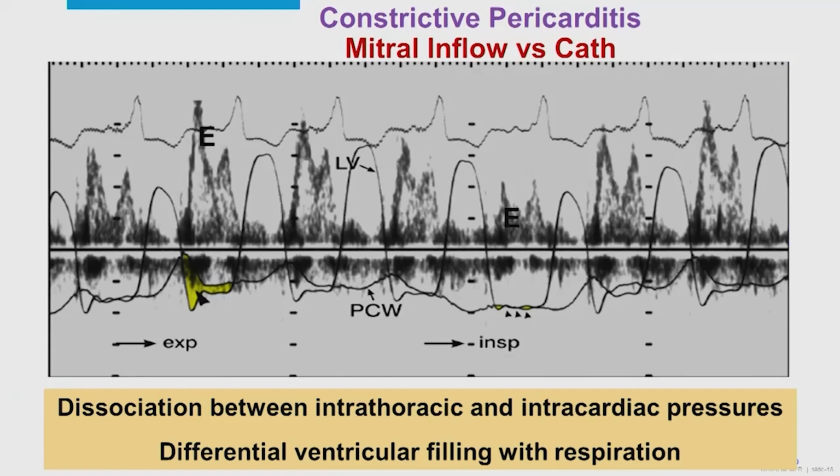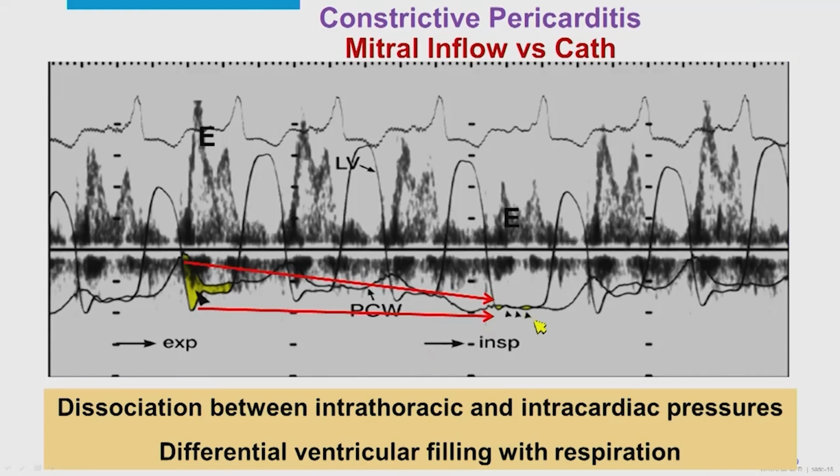So with inspiration, again, intrathoracic pressure falls. So pulmonary capillary or pulmonary arterial wedge pressure falls a few millimeters of mercury, but LV diastolic pressure does not fall as much as the intrathoracic pressure.